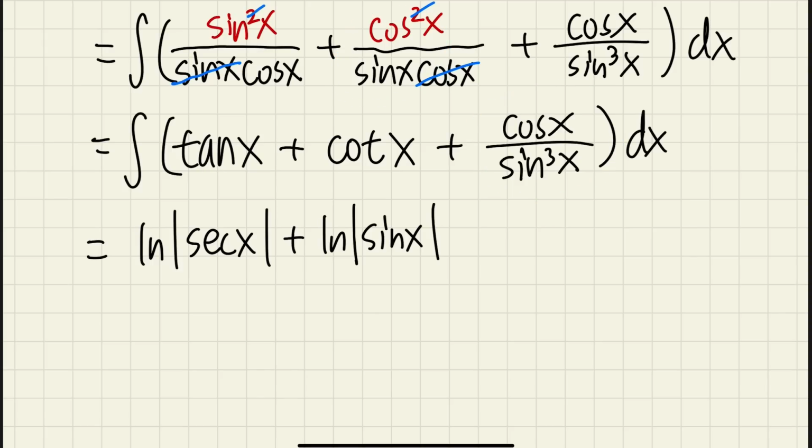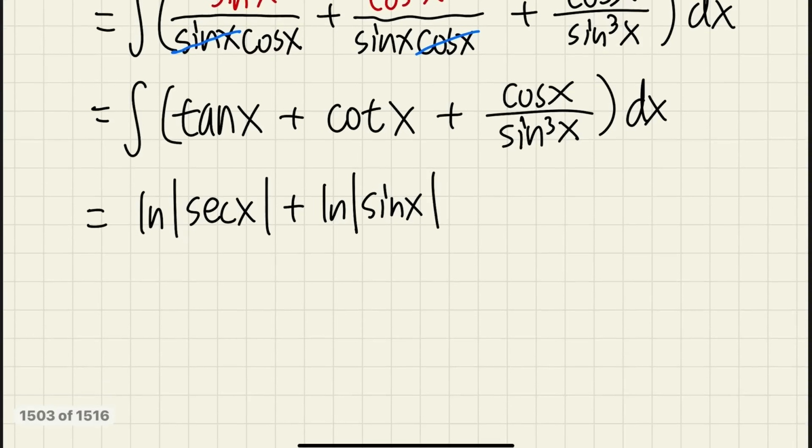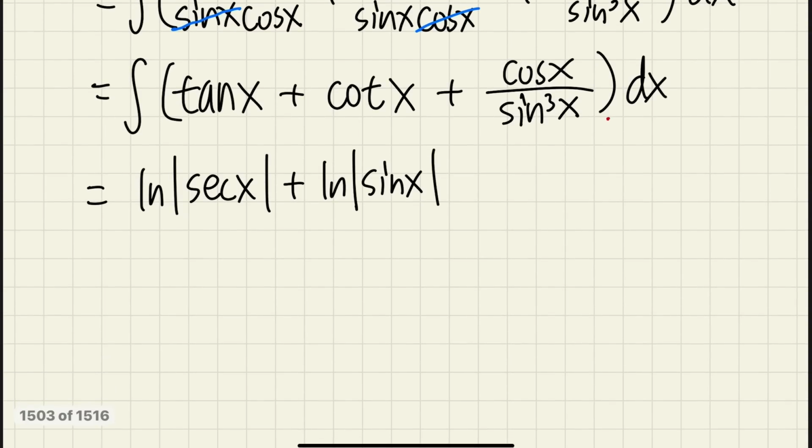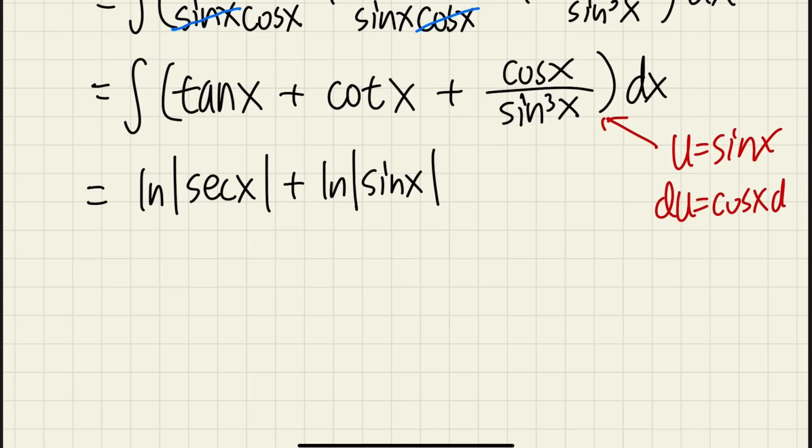For this one, I will just show you guys this real quick. We will have to do a quick u sub, u equal to sine x, just the first power, so that we get du equal to cosine x dx. So this becomes the integral of u to the third power on the bottom, and then du. And then that's the integral of u to the negative 3.